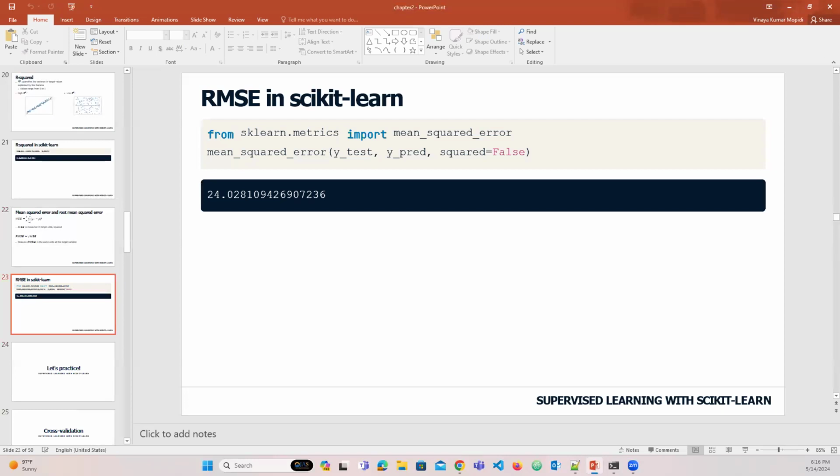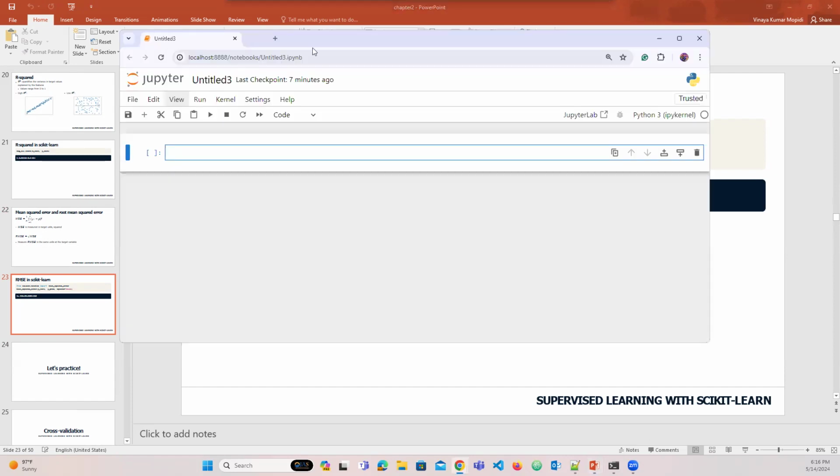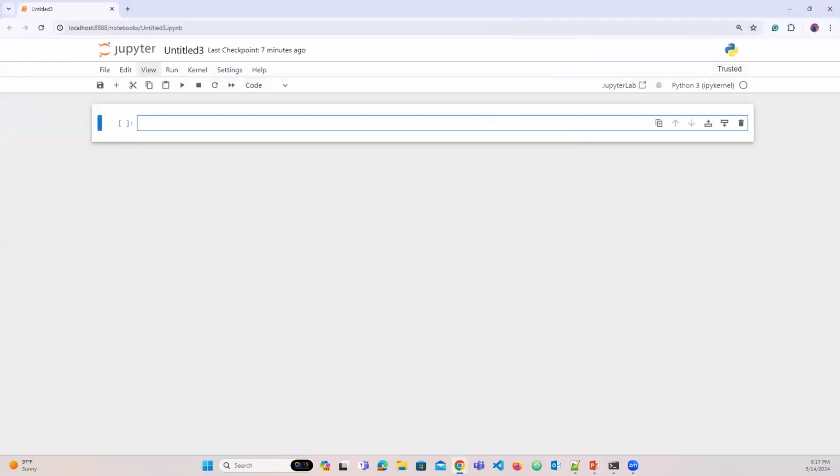Now let's build a multiple linear regression model. So I'm using my Jupyter notebook. I'm passing the diabetes data. Before that, I need to import pandas.